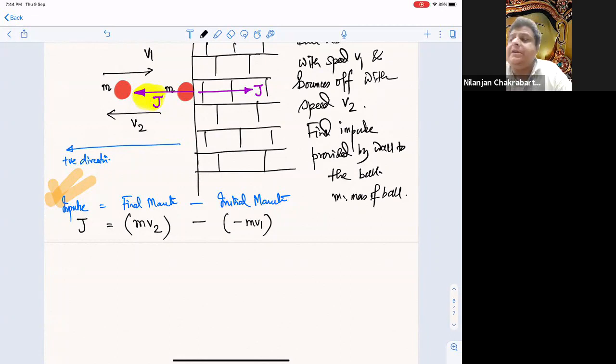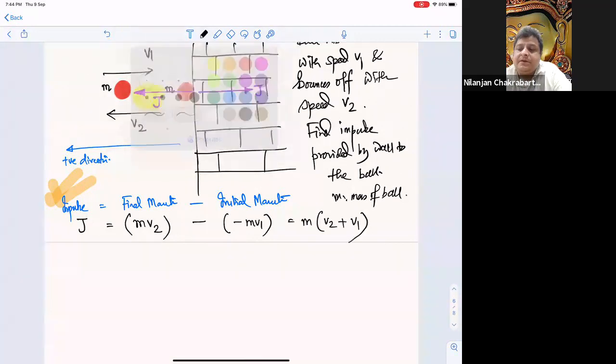In any such vector expressions you write, you have to choose a direction, or i cap, j cap. That's not required, just choose a direction. This is all in one dimension. So mv2 minus mv1, that is m into v2 plus v1. So this is the impulse.